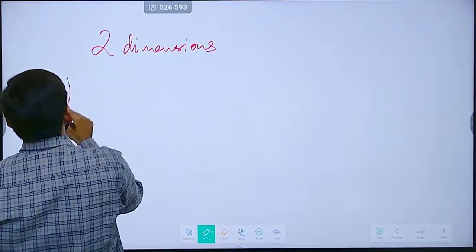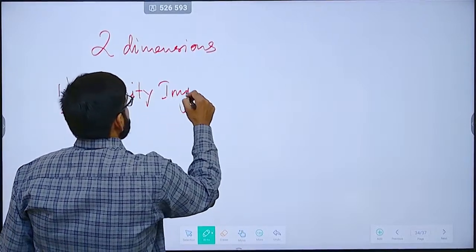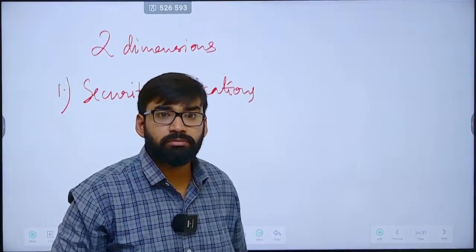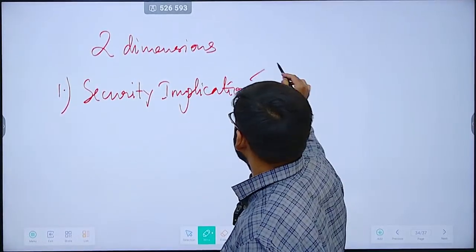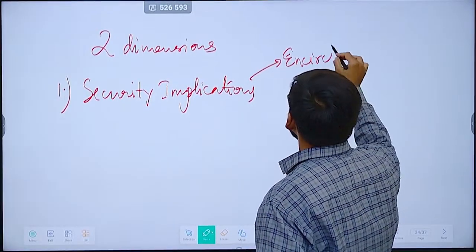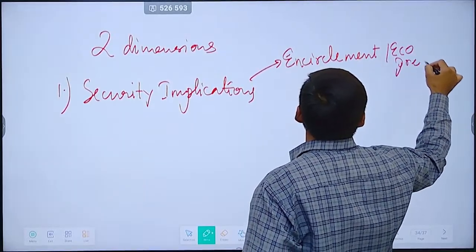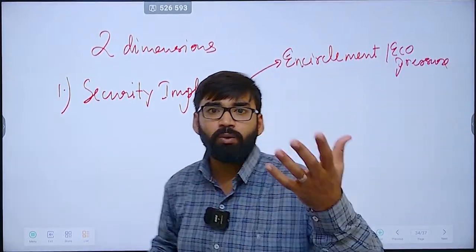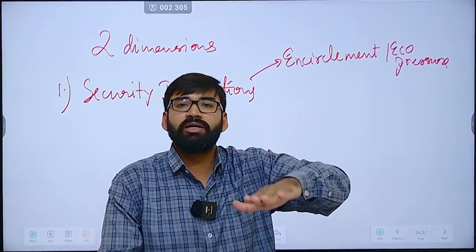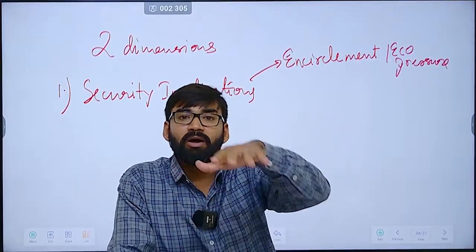First, security implications. Now what can be the security implications? Fine. Like you can mention encirclement or economic pressure. China's growing presence around India creates concerns about a potential strategic ring around India.